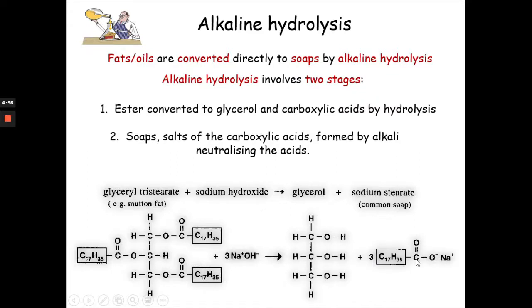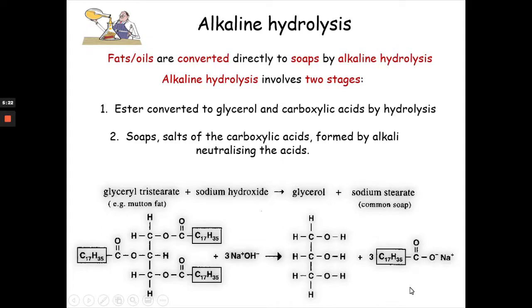If it wasn't a salt, if there wasn't any alkali here, this would be the carboxyl group, carbon double bond oxygen with an OH. But because that's been neutralized, the alkali has taken that hydrogen atom away from the carboxyl group to produce an ion, which is then attracted to the sodium ion from the alkali, and water would also be produced. So that hasn't been shown in this equation.